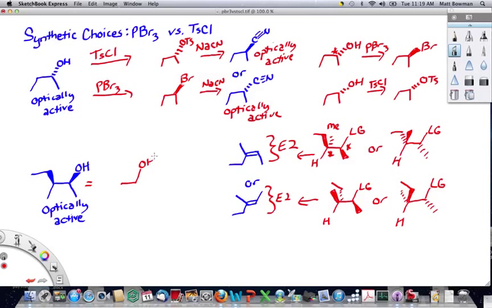So the OH group and the H we're planning on taking off are anti-coplanar to each other. So when the OH becomes a line, this methyl group becomes a wedge. When this hydrogen, which was a dash, goes to where this methyl group is, this methyl group becomes a wedge, goes to where the ethyl group was, and the ethyl group becomes a dash here.